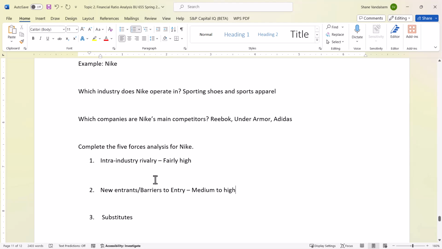Are there substitutes? Yes, there's many substitute goods for Reebok, Under Armour, Adidas, Nike. Go to Walmart, go to Kmart. You can find shoes that are off-brand or fairly generic athletic shoes and athletic apparel.